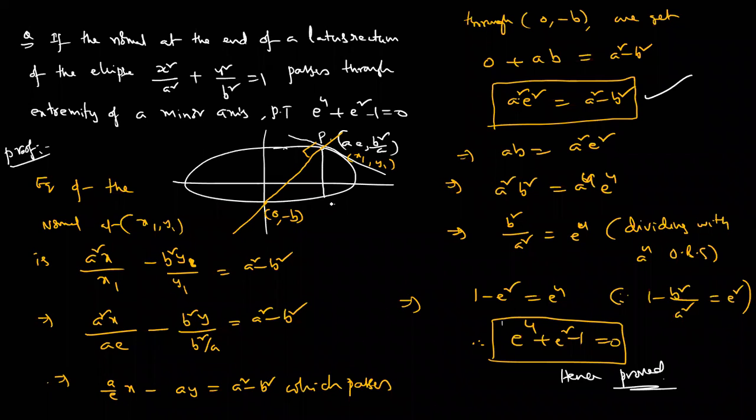Suppose you're starting from Q, normal. Then what is the end of the minor axis? 0, b. Be careful. Now it is coming.